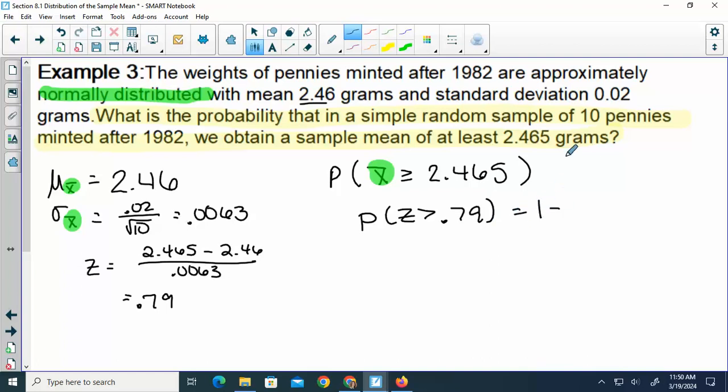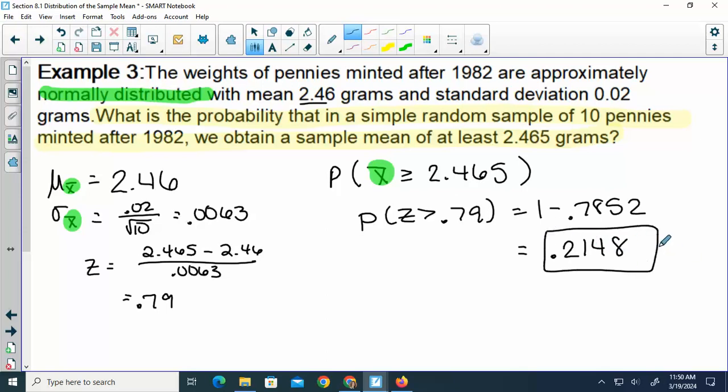And then we look up 0.79, and that is 0.2148. Is that okay?